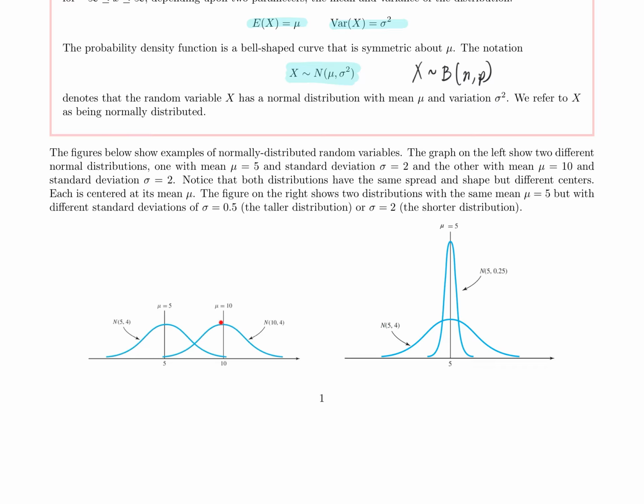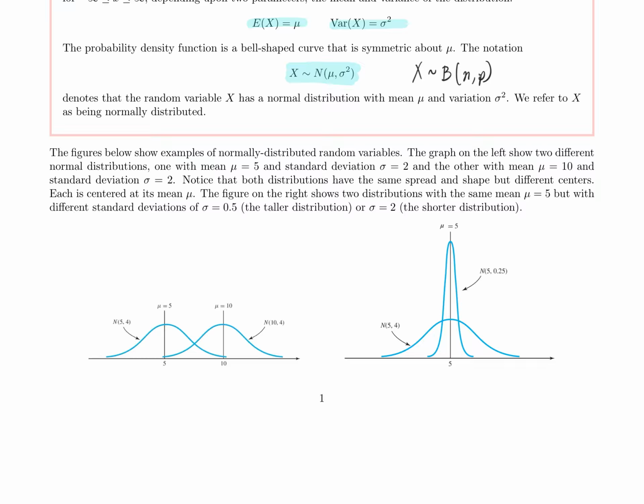But they have the same shape, same width, same height. That tells us that our variance is the same for both. In fact, the first one has a mean of 5 and variance of 4, and the second has a mean of 10 and a variance of 4.